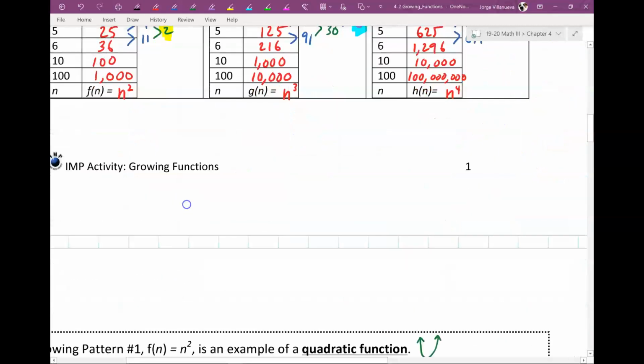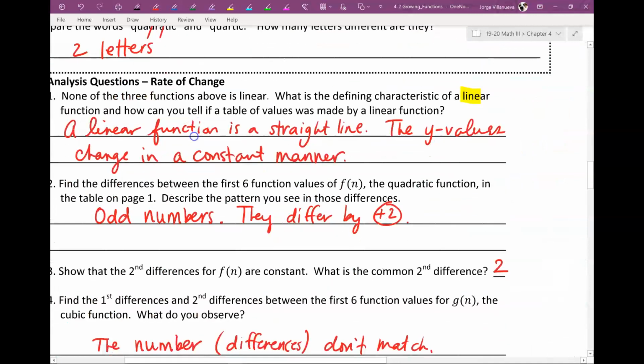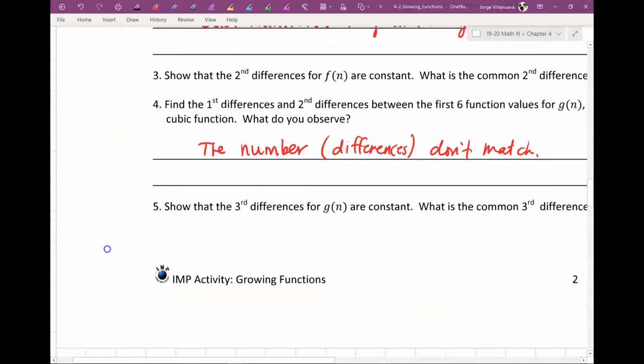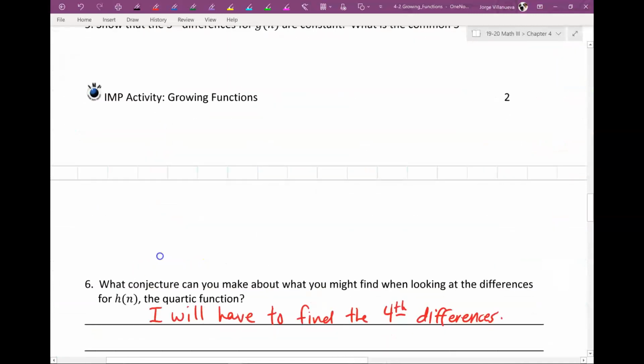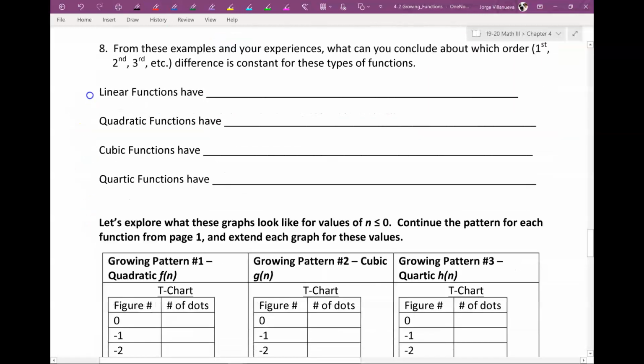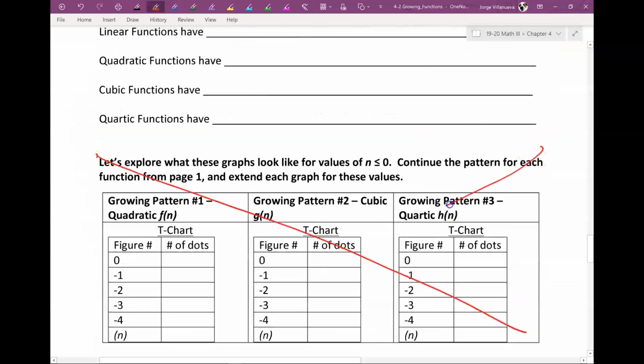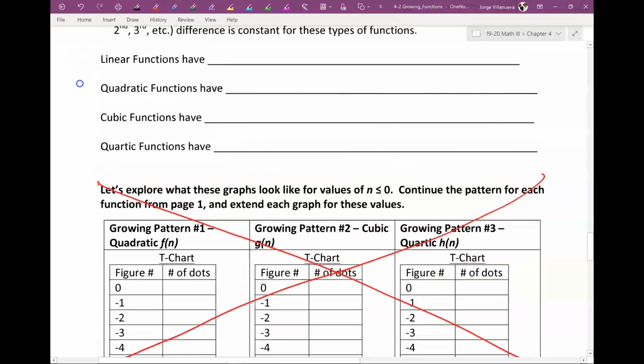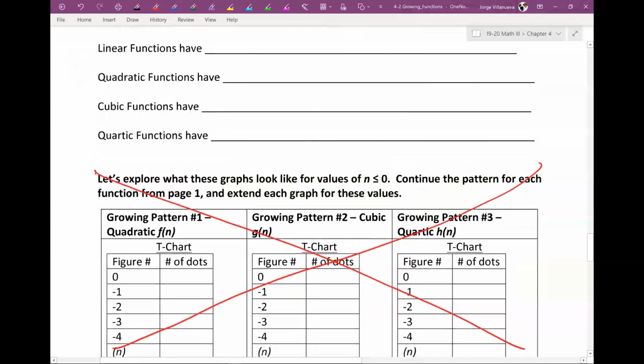Okay? So, let's go back really quick so we can finish this off. It says, where were we at? I'm on the wrong page here. We figured out the stage, and now we just have to answer question 8. And this part, by the way, you guys can just cancel that out, okay? But it says, what difference does it take to get linear functions? You're going to write first difference.